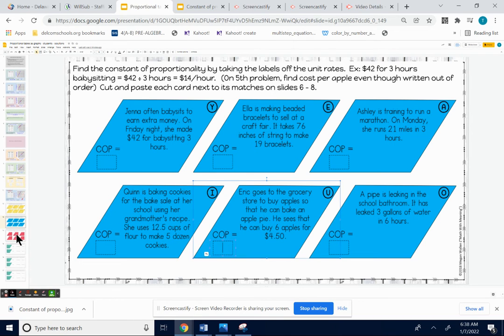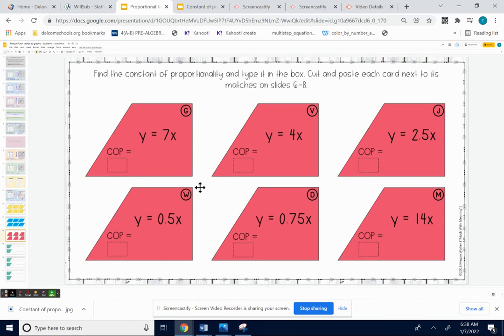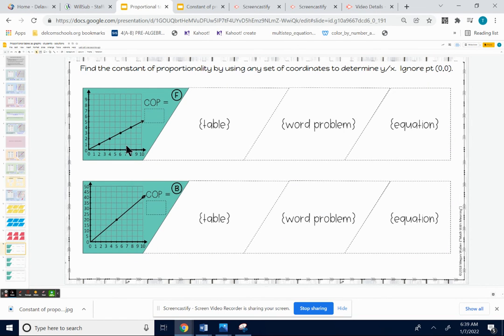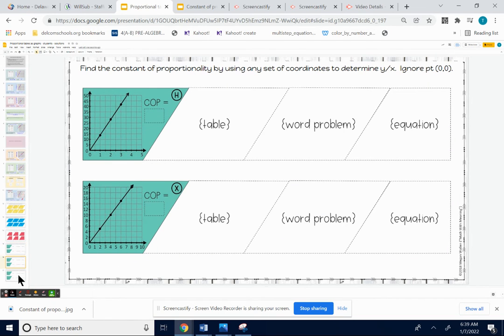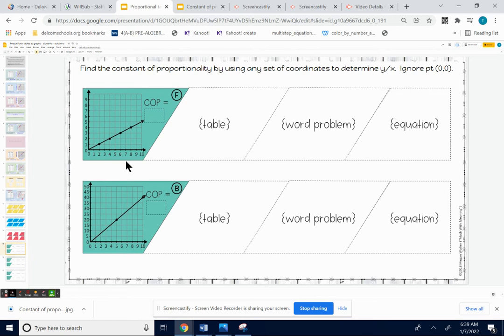You're going to do unit rates or COPs of equations. That's just the number in between y and x. And then the last part is you're finding COPs of graphs. For any graph, just take a y and an x and reduce y over x.